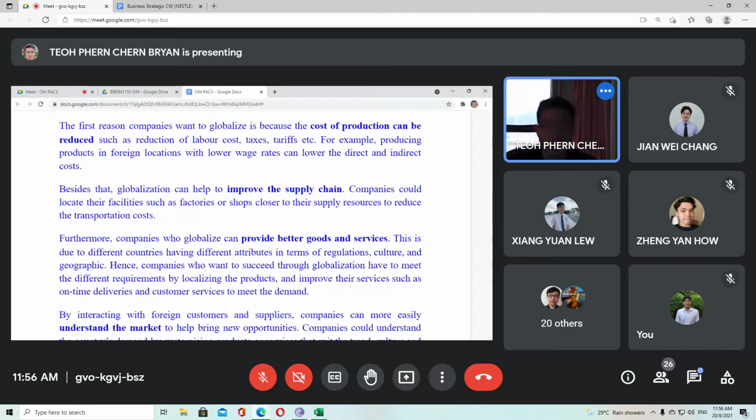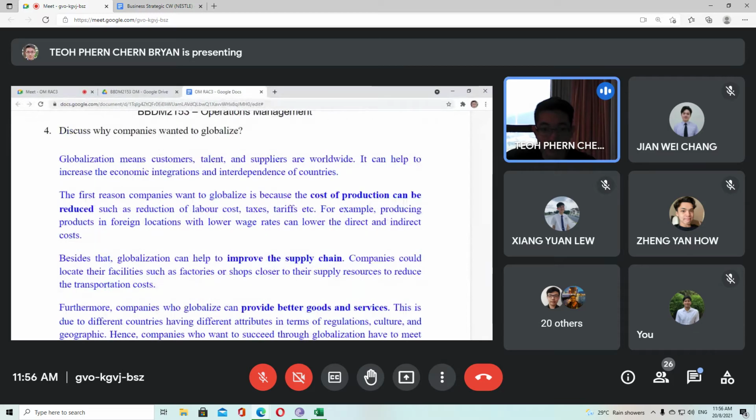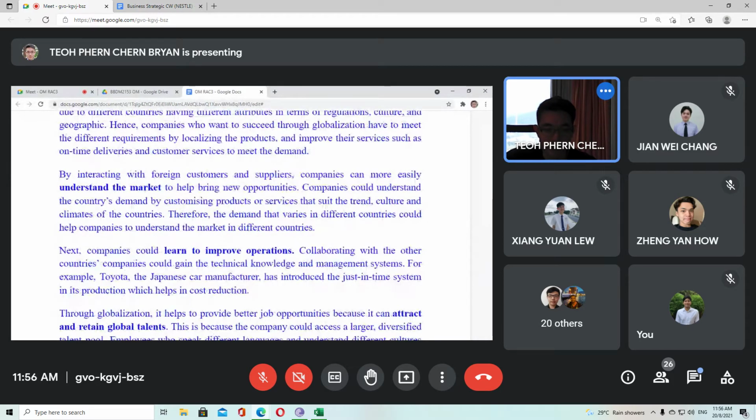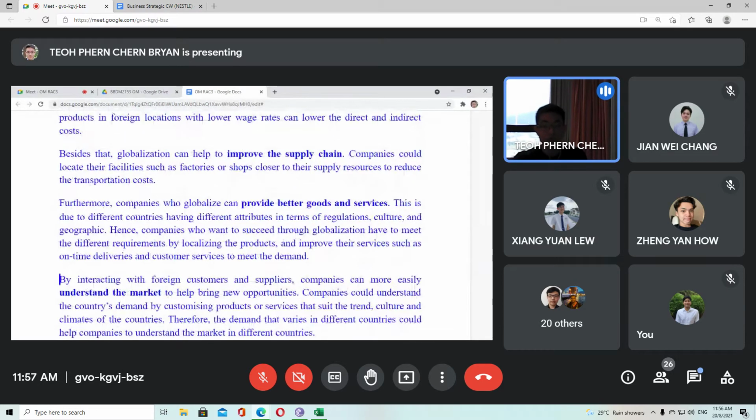Globalization can also improve your supply chain and your operations, because other countries may have certain resources that are better. Then this one is about location, something you can use in your assignment.